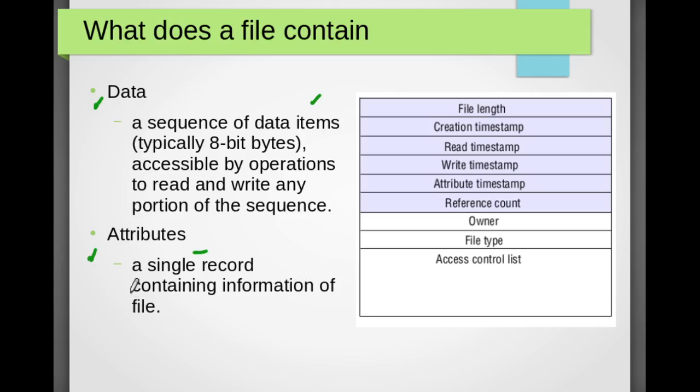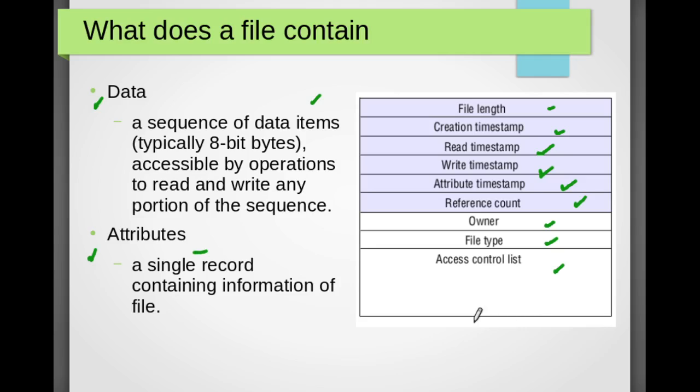This attribute will define how to read these segments of bytes. So these attributes can be several. Suppose file length, creation timestamp, read timestamp, write timestamp, attribute timestamp, reference count, owner, file type, and maybe associated access control list. These are just some of the attributes.